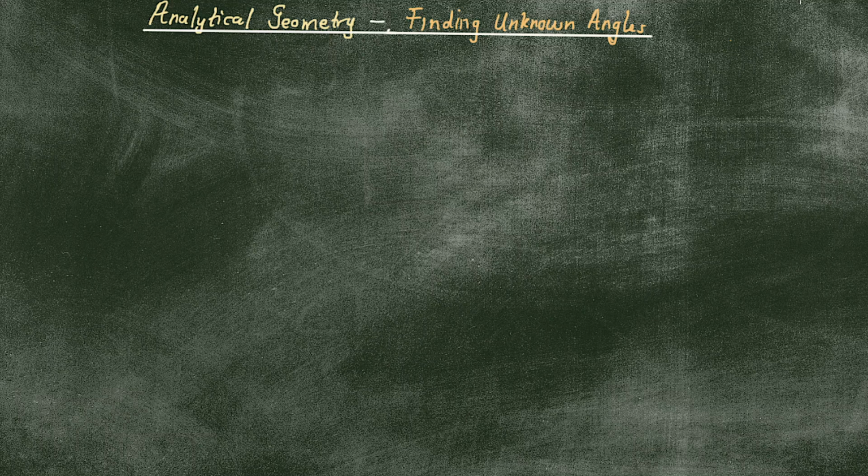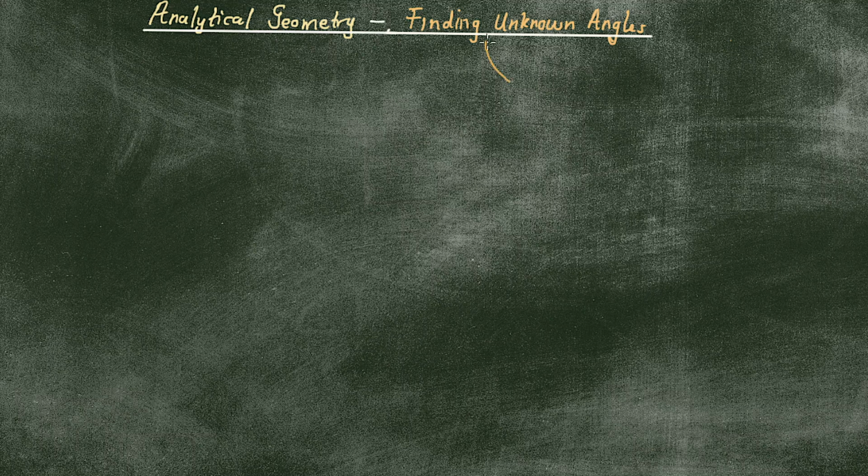Okay, guys. For this lesson, I want us to talk about a rather unique type of problem in analytical geometry, where we find unknown angles. You know of an angle, there's an angle we're all familiar with now.